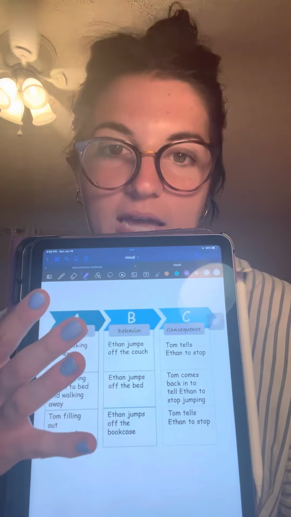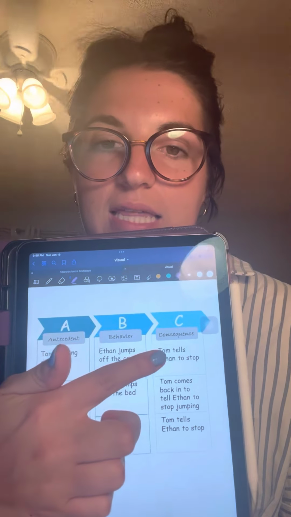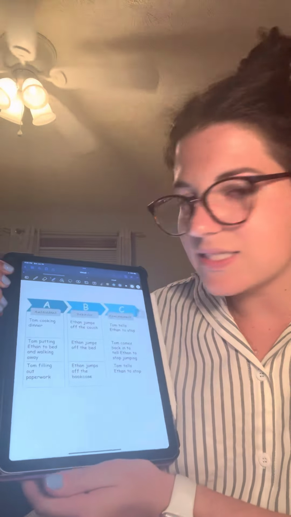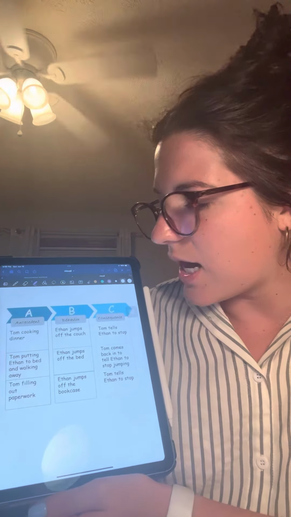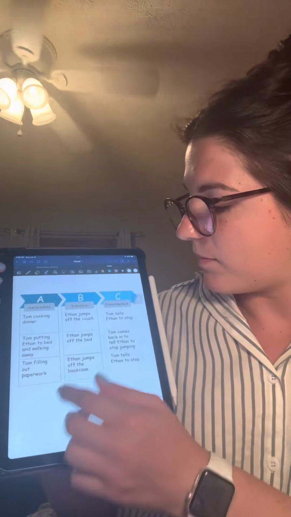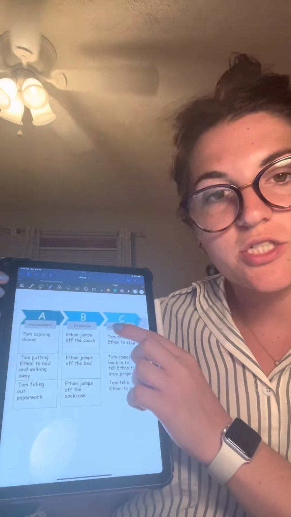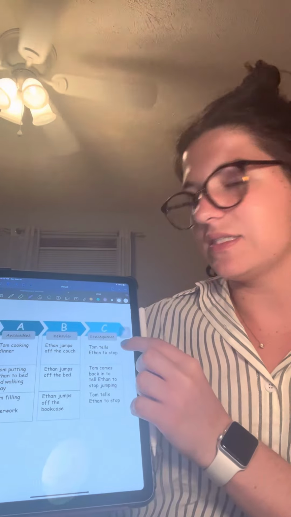B, the behavior itself, and then C, the consequence. So, for example, the chart says the antecedent, Tom is cooking dinner. The behavior, Ethan jumps off the couch. What occurs right after that? Tom tells Ethan to stop. So this is the data essentially that BCBAs are going to be collecting regarding the problematic behavior.